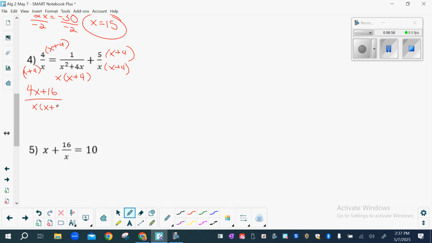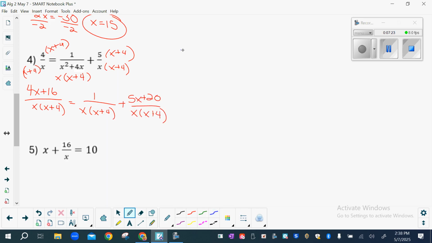And 5x plus 20. And so this one's going to stay a 1, right? And then this was going to be 5x plus 20. Okay, let's move back here. What do we do next on this? Yep, both sides multiply by x times x plus 4.